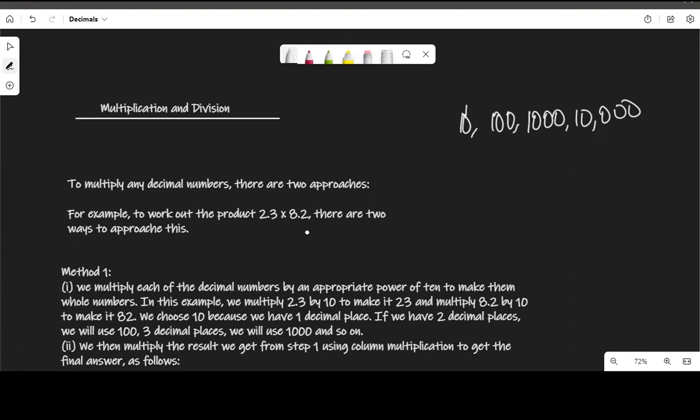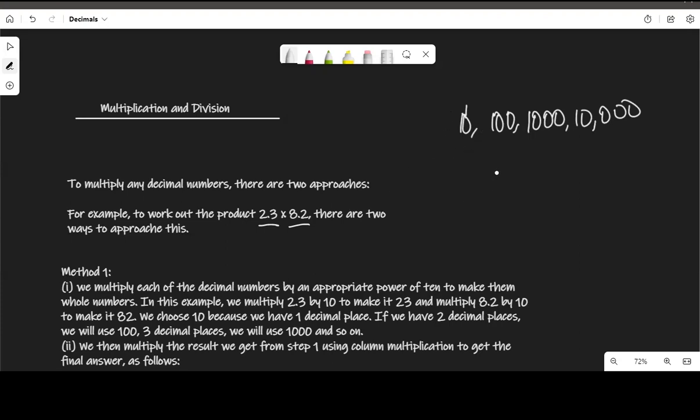So to multiply decimal numbers like this, one of the approaches is to first convert each number to a whole number by multiplying it by a power of 10. Our power of 10 depends on the number of decimal places. For numbers with one decimal place, we can turn them to whole numbers by multiplying by 10 itself.